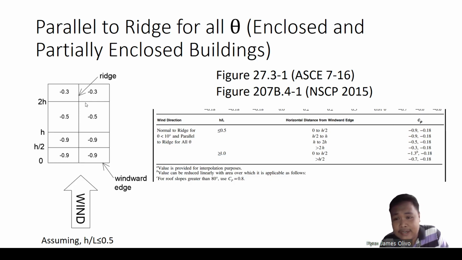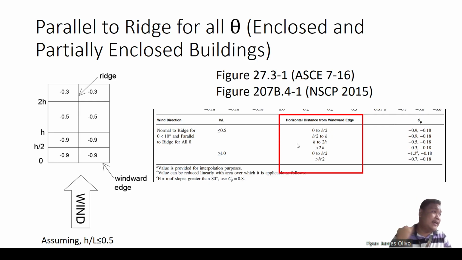As it goes farther away from the windward edge, our CP is decreasing. That is the meaning of horizontal distance from windward edge. And as you can see here, we also have two different values, that is negative 0.9 and negative 0.18. So don't bother about interpolating this negative 0.18, because it's 0.18 regardless of your H over L.